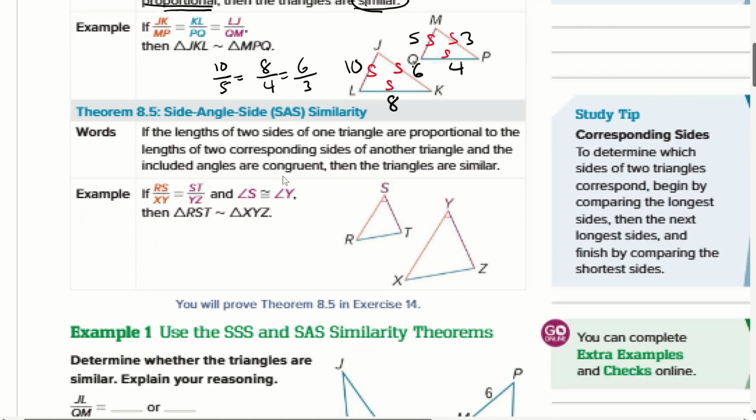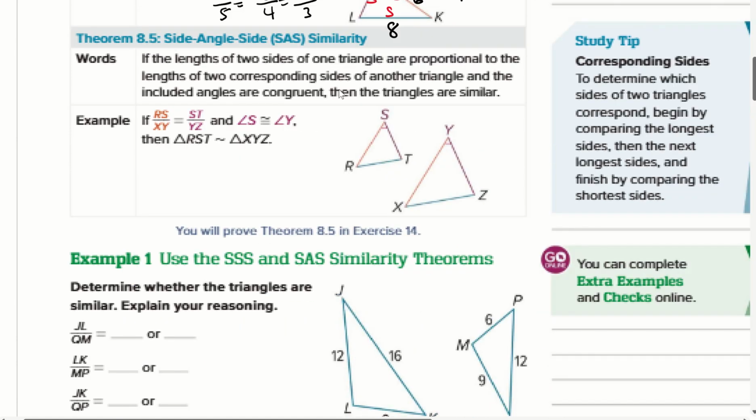All right, so if we have two triangles, how do we determine if they're similar by SAS? Well, we need the two sides to be proportional, and then the angle between the two sides has to be congruent. So these two have to be congruent. In this example, these two are congruent, so that part is done. And then we need to look at the sides. So for example, if this were 10 and then this were 30, and then this were 6, and this is 18.